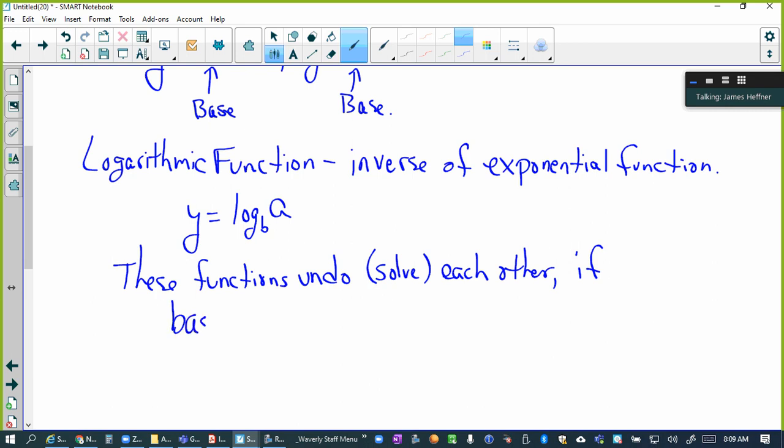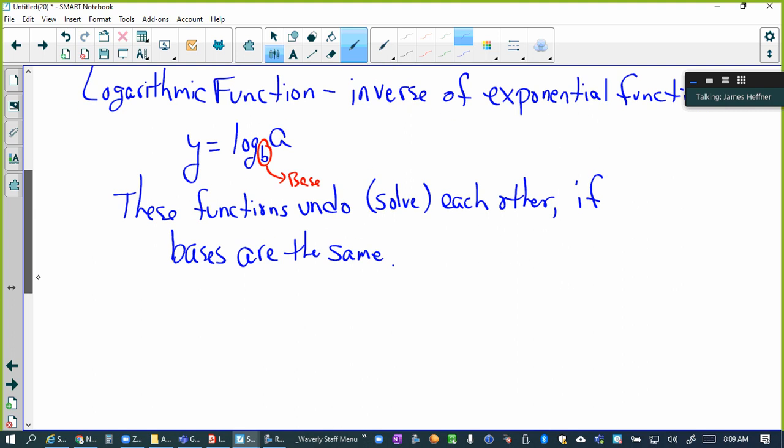And of course the b here, that's the base of the log function. And if it's the same as the base of the exponential function, they will undo each other.